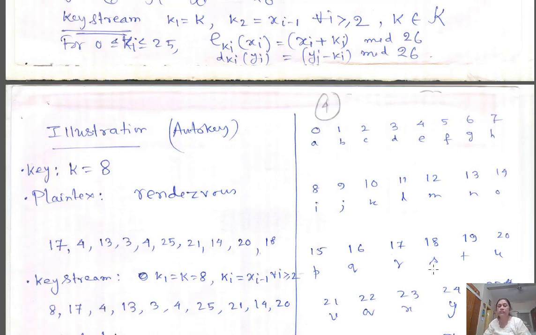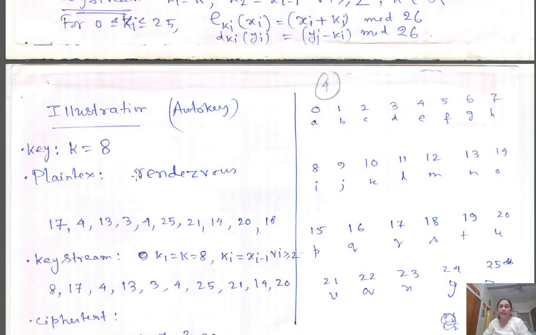According to that, this plain text is encoded as a sequence of integers in this way. R stands for 17, E stands for 4, like that. Essentially you encode the plain text into a sequence of integers between 0 and 25.